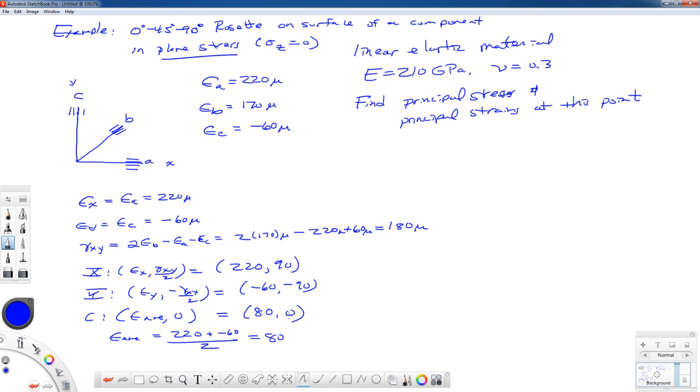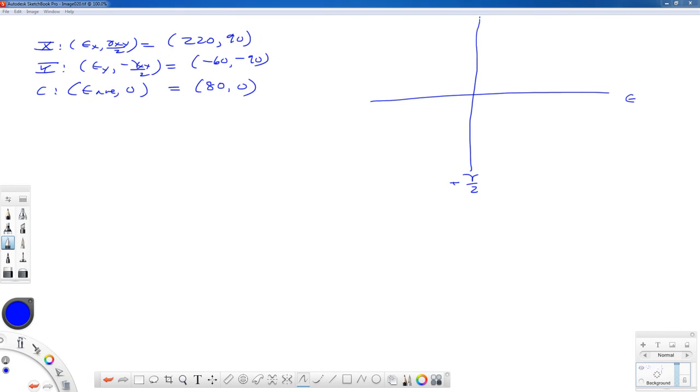Let's go ahead and plot those points up. Alright, so there's my coordinate axes there. First thing I'm going to plot the X point. So I go over 220 and I go positive direction 90. And remember, positive is downward for our Mohr's circle. And I want to label this as the X point so I keep it straight. Center of the circle is at 80 comma 0. Maybe it's about here.